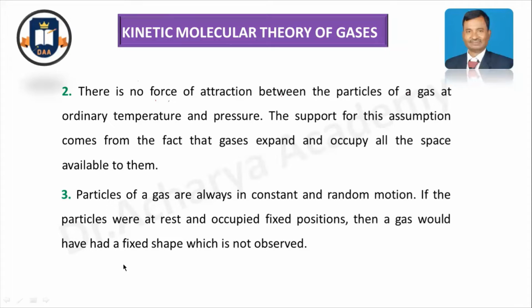It means that if the gas particles were at rest and occupied fixed positions, then a gas would have had a fixed shape, which is not observed. Whatever we consider in these postulates, the particles of a gas are always in constant and random motion. And because it is in random motion, you will not get any fixed shape of a gas.